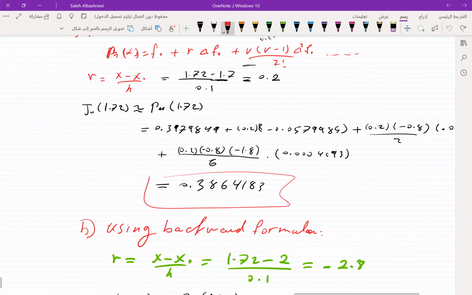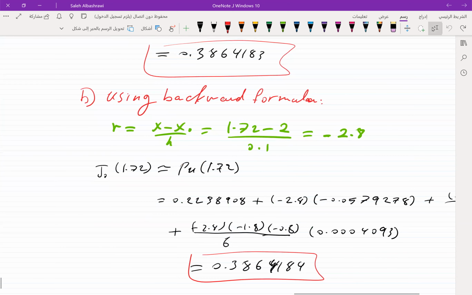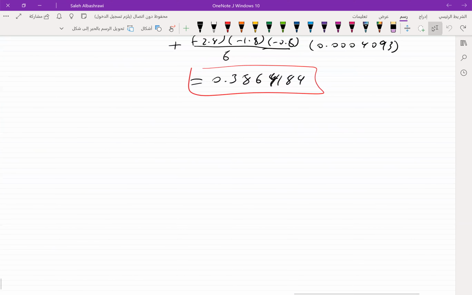And now the main question will be, when do we need to use the forward or the backward? If you see the xi's, 1.7, 1.8, 1.9, and 2, and we have x equal to 1.72.